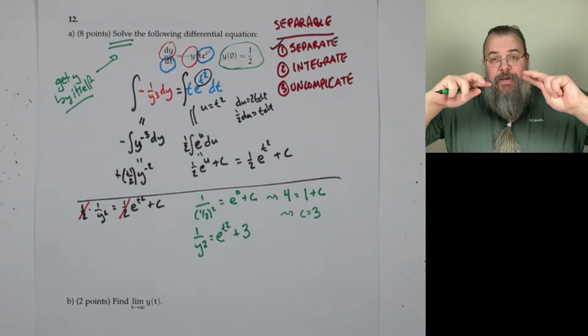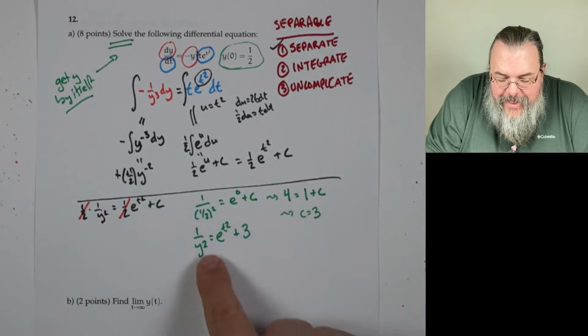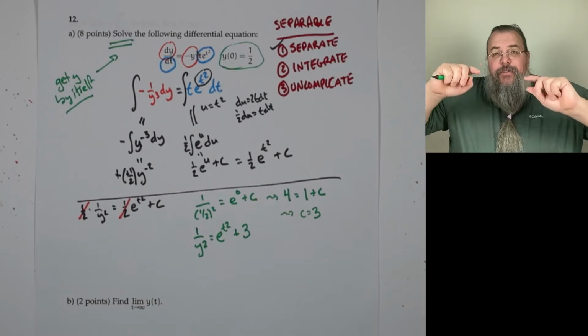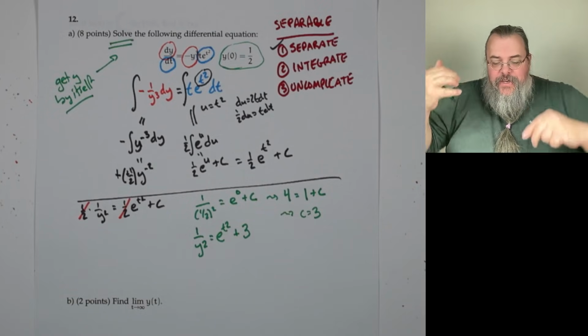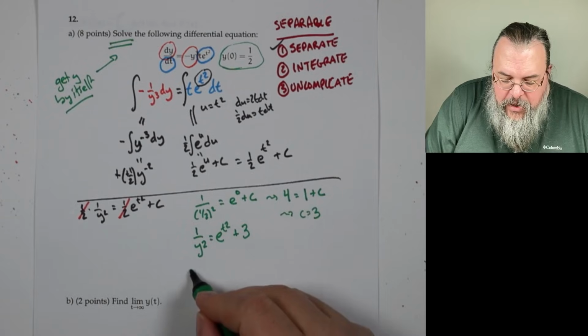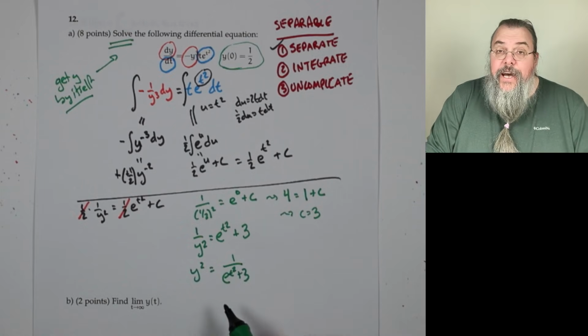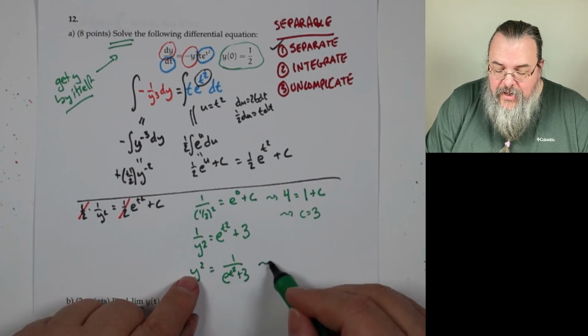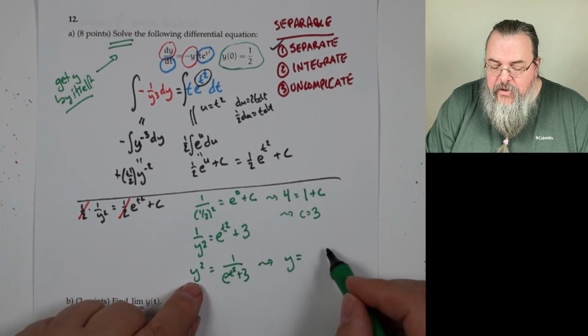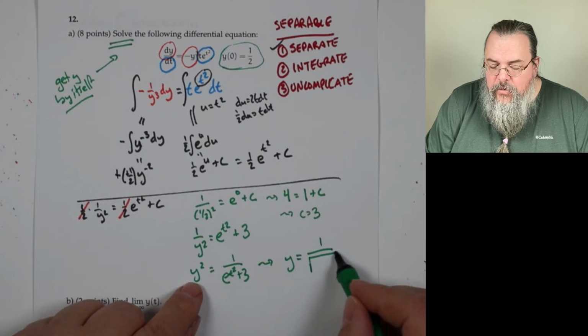I need to get this so it just says y. So right now it's downstairs. If I flip, it moves up. So y squared is 1 over e to the t squared plus 3. And now take the square root. So y is 1 over the square root of e to the t squared plus 3.